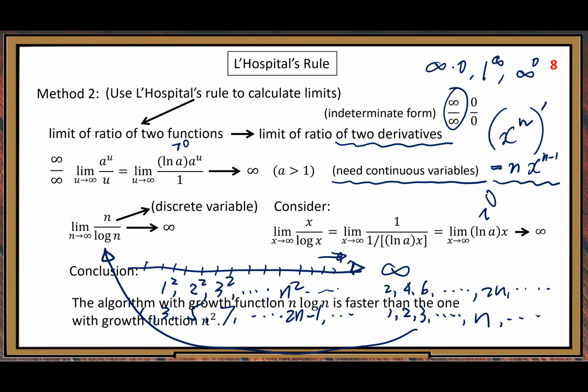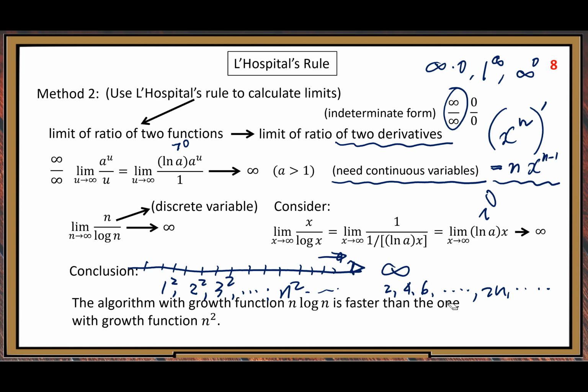All right, the conclusion. After we do the comparison, the algorithm with growth function n log n, our second method, is faster than the one with growth function n squared, the first method.